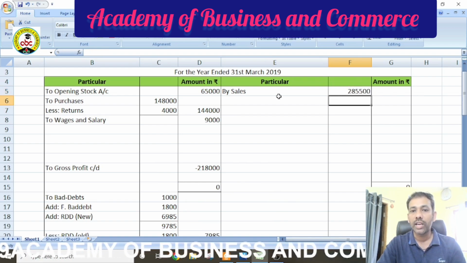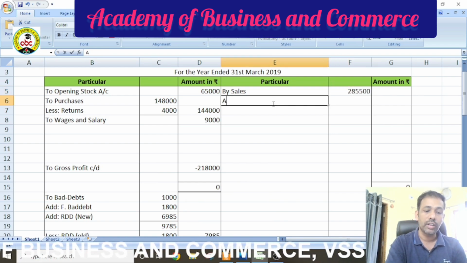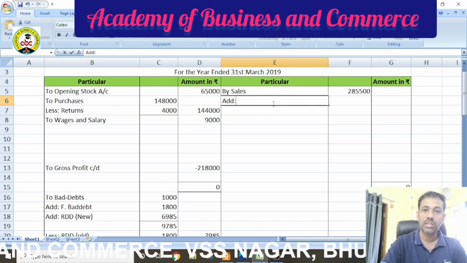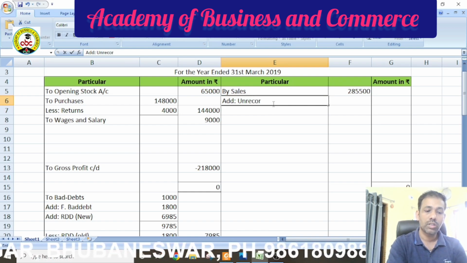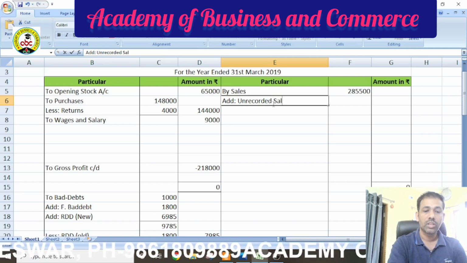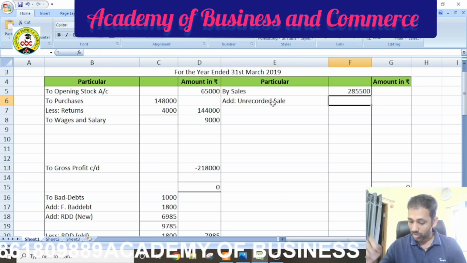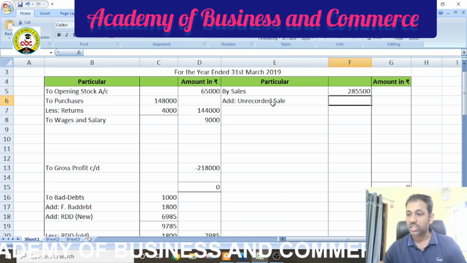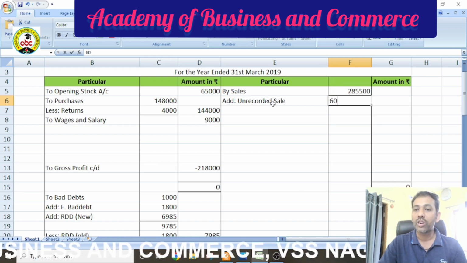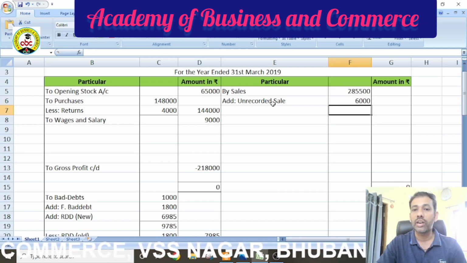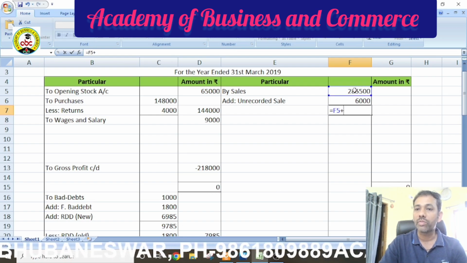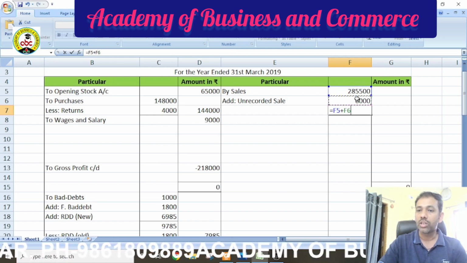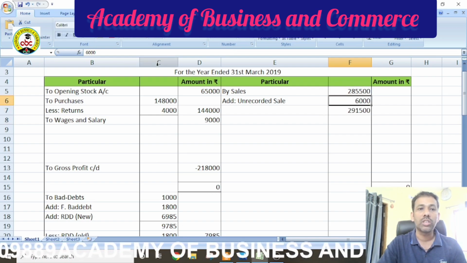Then you have to add unrecorded sales, and that unrecorded sales amount is 6,000. Now you find out the total sales: 2,85,000 plus 6,000. The total amount will be 2,91,000 as the total sales.